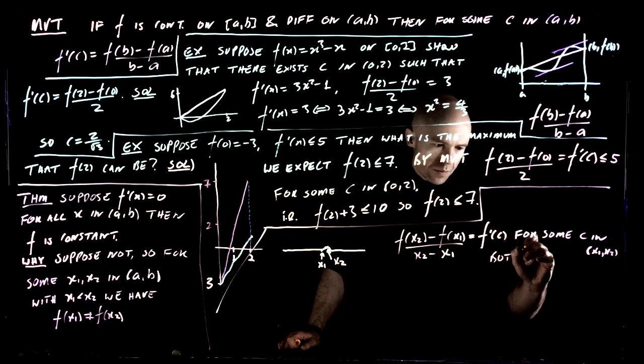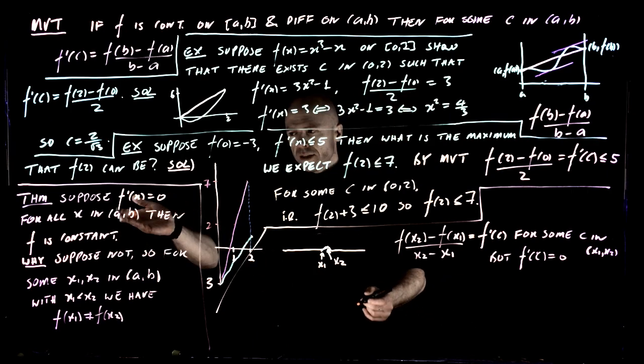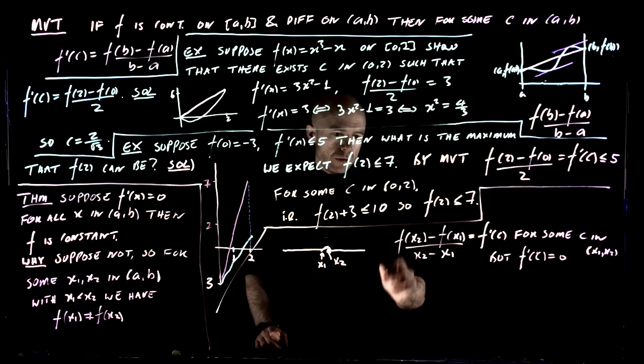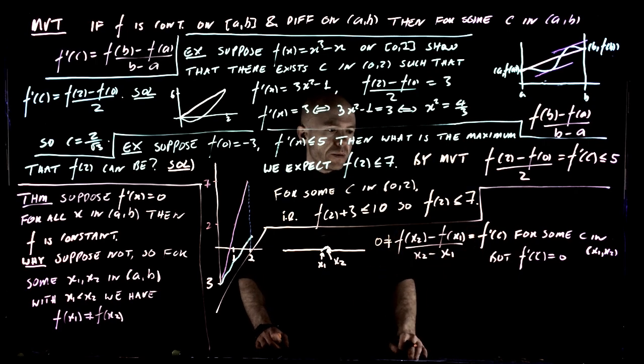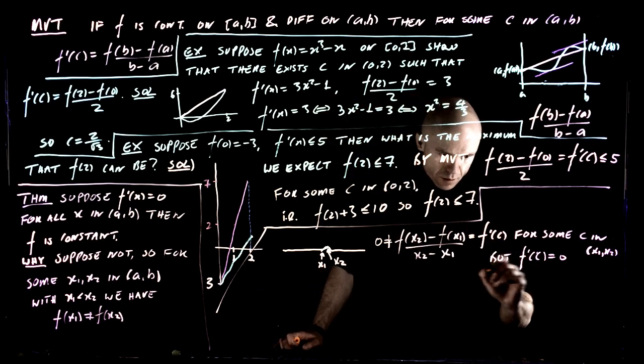But f prime of c has to equal 0, because that's the assumption. Every point inside that interval has derivative 0. So we know that this is not equal to 0, and it's equal to the derivative, but f prime of c equals 0, contradiction.